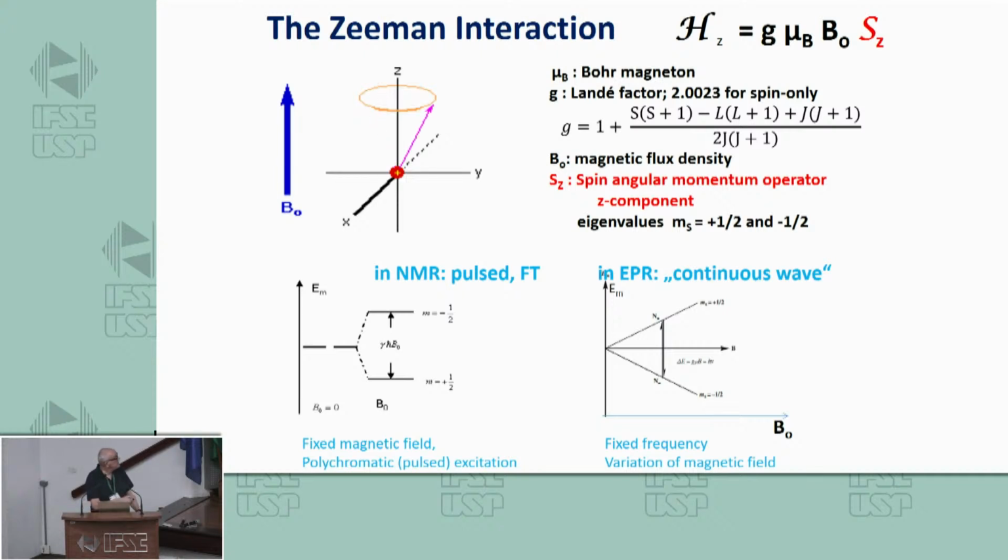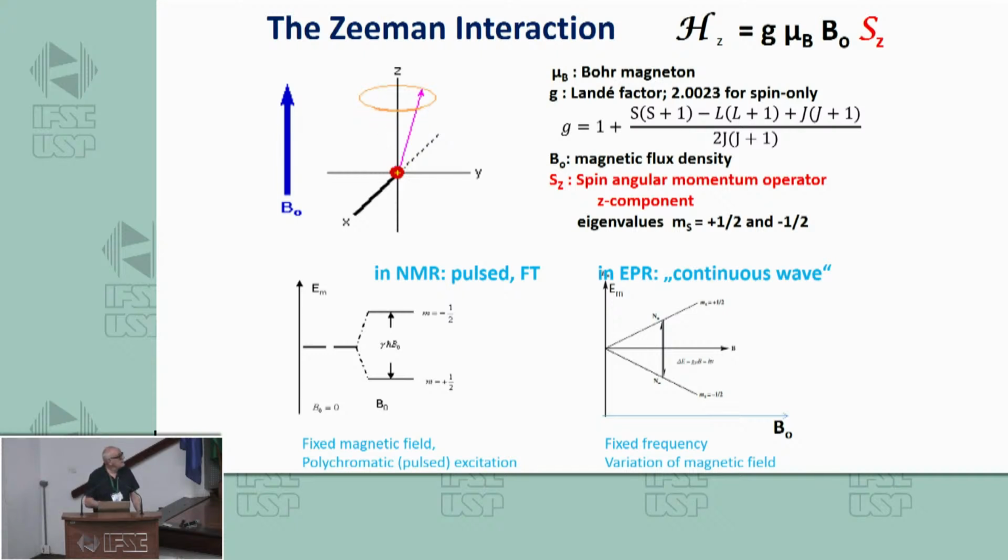What's also different between the two techniques is the method of measuring the spectrum. In NMR spectroscopy, under standard conditions, we normally operate at a fixed magnetic field. So this one is not being changed, and we have here for a spin 1/2 situation two levels, and this is the energy level difference between the two levels that we're exploiting for spectroscopy in NMR. In EPR, at least in the traditional methods, one operates at a fixed frequency.